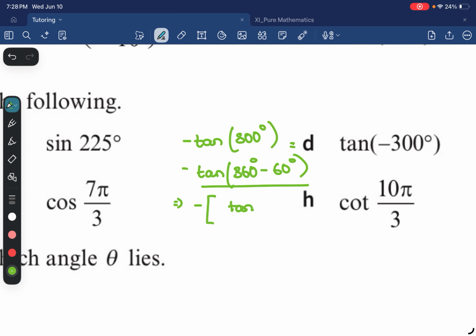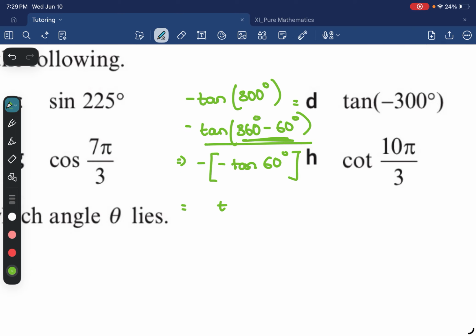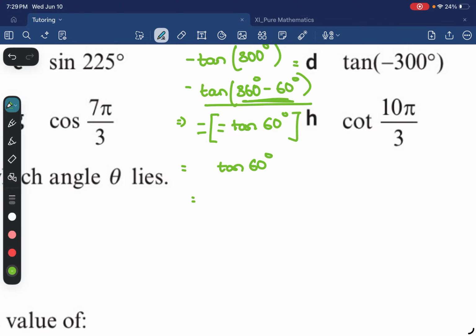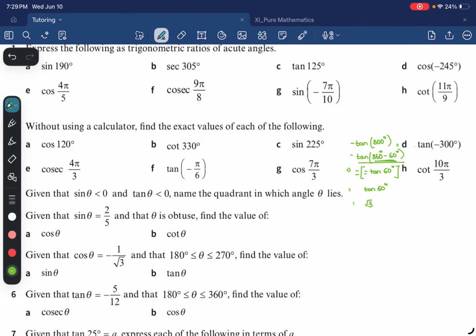So keep tan 60 degrees. But what quadrant is this in? It's in the fourth quadrant. In the fourth quadrant, tan is negative. Only cos and sec are positive. So you get negative tan 60 degrees. Negative and negative will give you a positive. And tan 60 degrees is square root of 3, positive. So that is the solution to D.